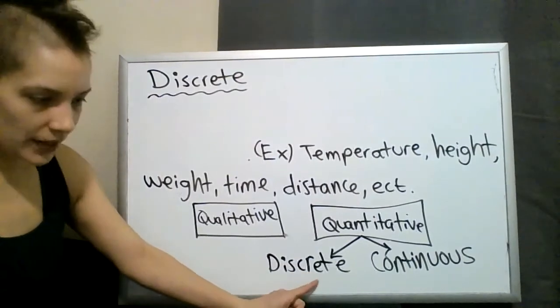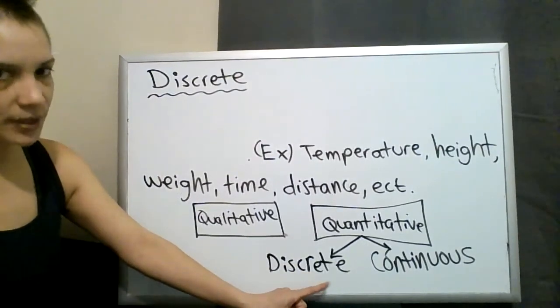A discrete variable has a countable number of values.